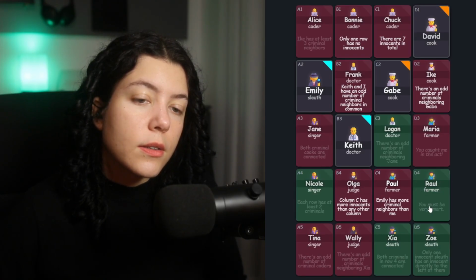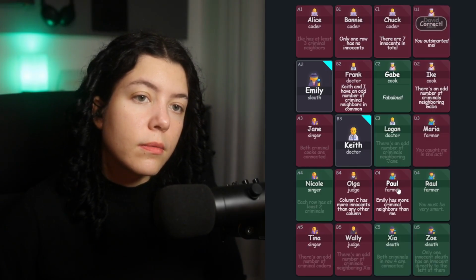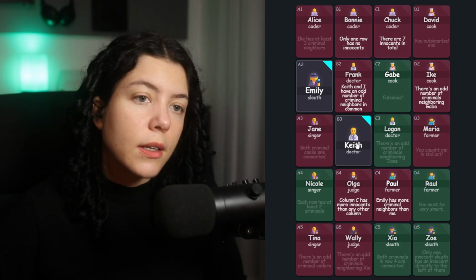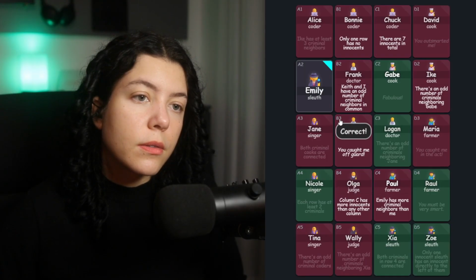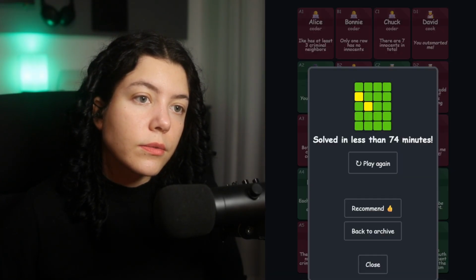There are 2 innocents in column D, so column C has to have a third one. So are Logan and Keith opposite? Yeah, because Gabe has to have an odd number. Wow.